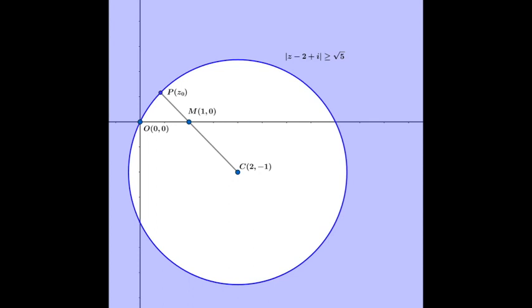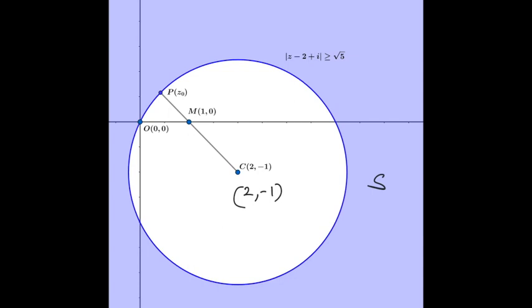As discussed just now, we have a circle, and the center of the circle is (2, minus 1). The radius of the circle is root 5 units, and obviously the distance between origin and (2, minus 1) is root 5 units, so the circle passes through the origin. Okay, and your S will be this region. S will be the exterior of the circle.